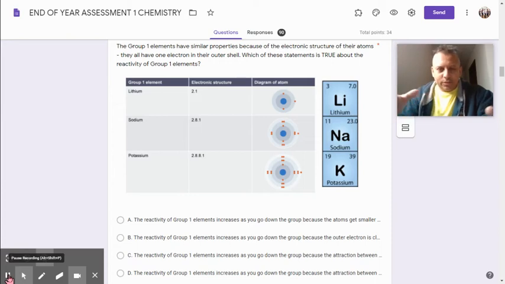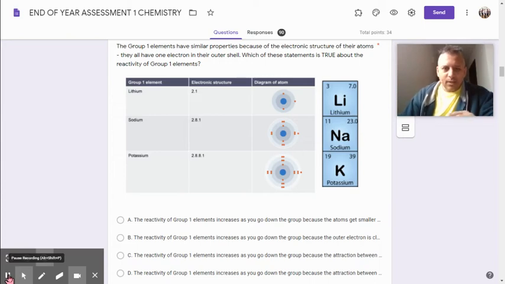Now, this question doesn't necessarily appear very well on this video, but this was a question where the outer electron is held. Let's put it this way: the attraction between the outer electron and the nucleus is weaker the further out the electron is from the nucleus.